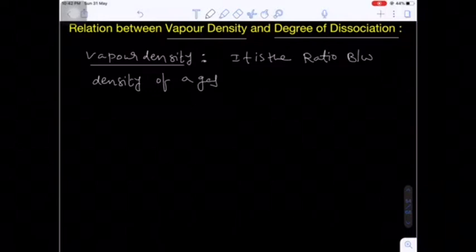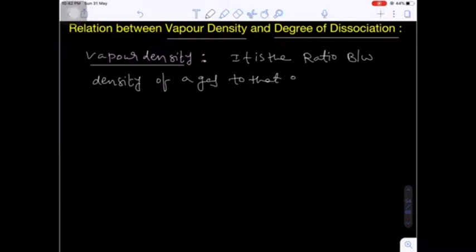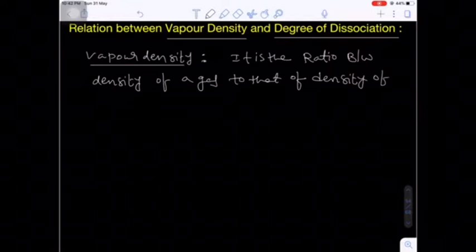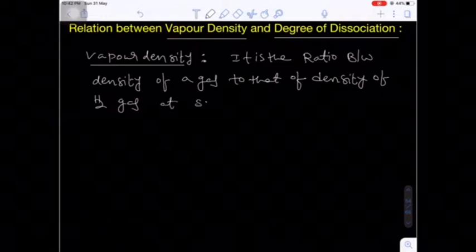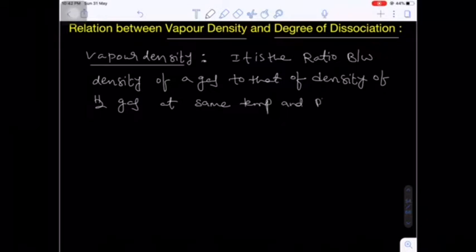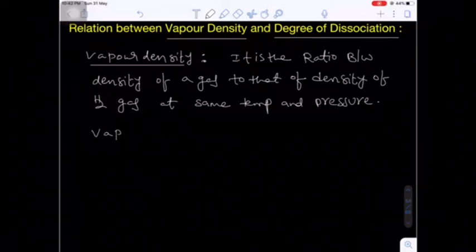It is the ratio between the density of a gas to the density of hydrogen gas at the same temperature and pressure. This is the definition of vapor density.